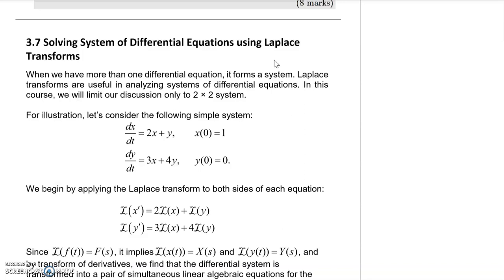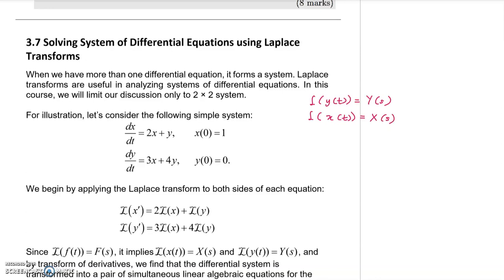So first of all, let us take care of the notation. Before this, we have this notation: the Laplace of y(t) is Y(s). Similarly, you have the Laplace of x(t), which is going to be capital X(s).